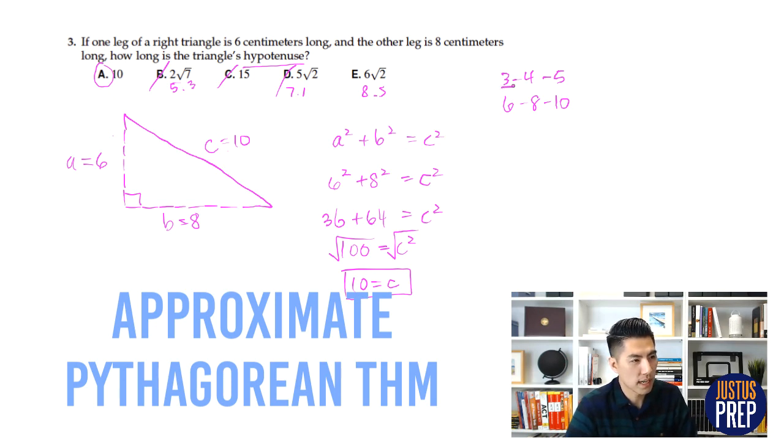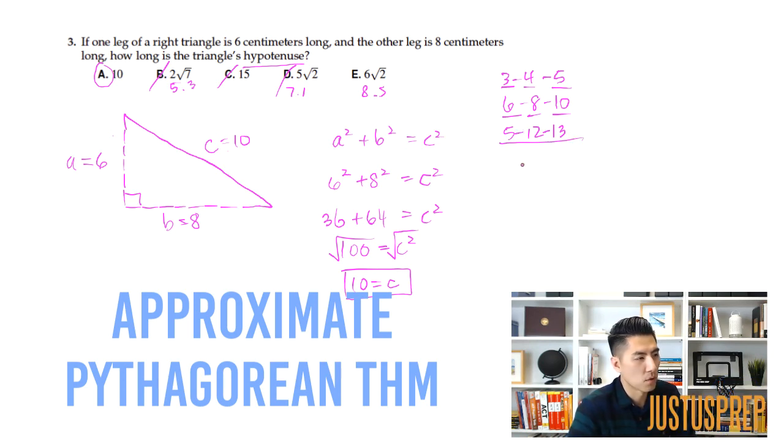So if two sides are 3 and 4, you know that the hypotenuse is 5. Or if it's 6 and 8, you know that the hypotenuse is 10. The other one that comes out commonly is 5, 12, 13. So I would say these three triples you should definitely have memorized. So if you have two sides that are 5 and 12, you know that the hypotenuse has to be 13.